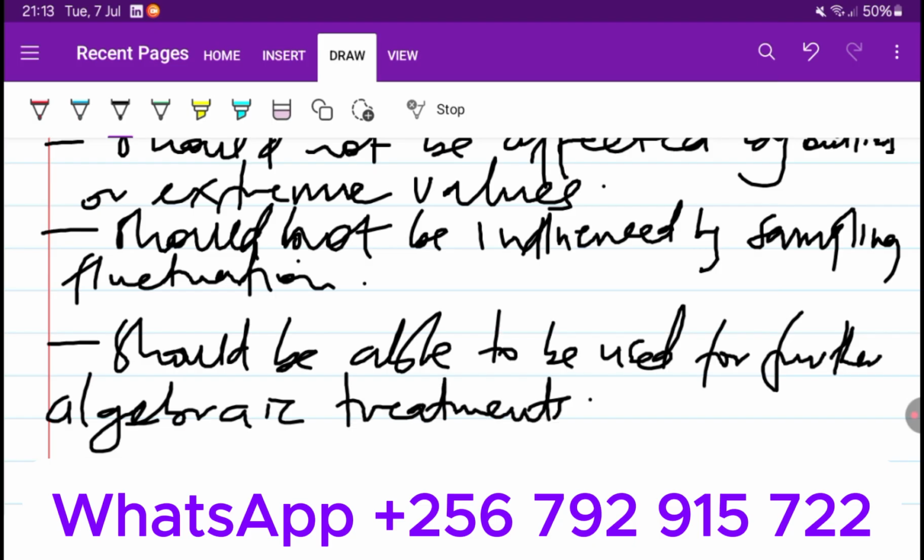So those are some of the things. Maybe the other you can add on: it should be easy, or simple, to understand. When I talk about mean, even a person who never went to school can know that we are talking about the average.